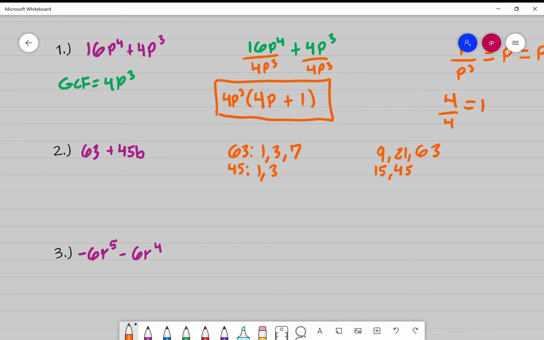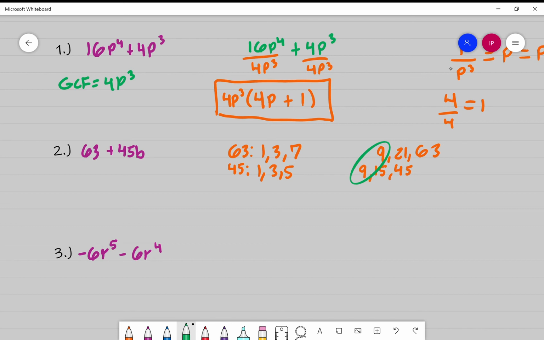I'm acting crazy right now. 4 can't, 5 can. 5 goes into 45 9 times. Oh, I forgot to put my 5. 6 can't, 7 can't, 8 can't, so we can stop there. We pick the largest one the two have in common, and we realize that it is 9. So our answer is going to have a 9 in it.